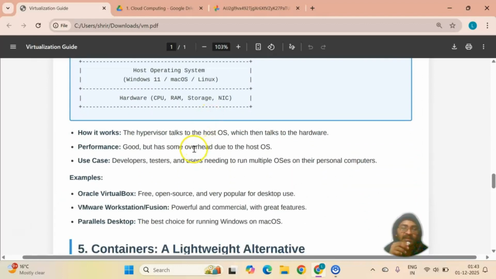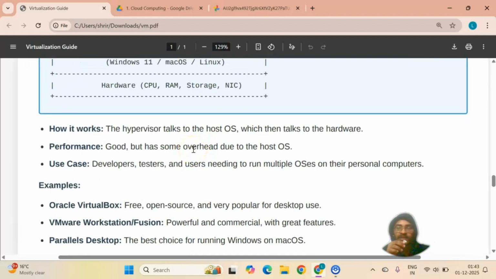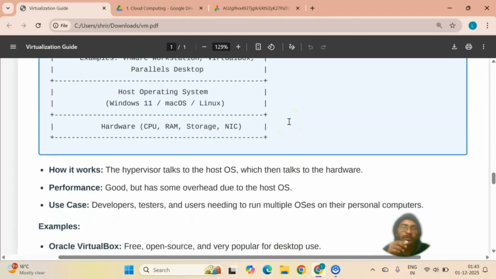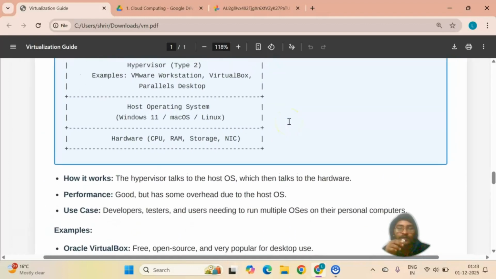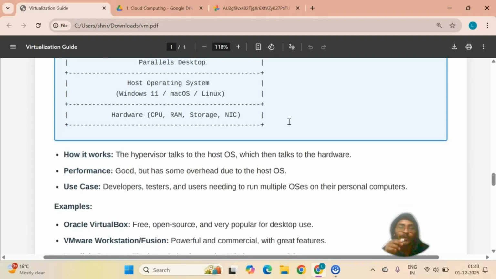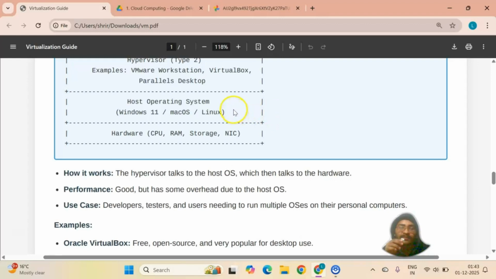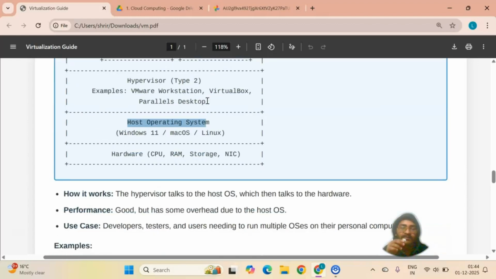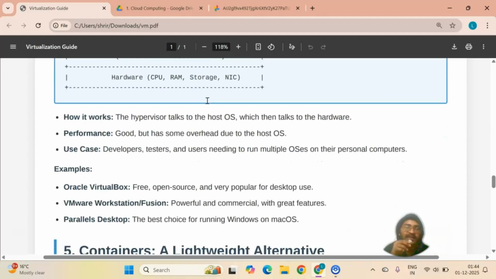Now how does it work? The hypervisor talks to the host OS, which then talks to the hardware. So what is the performance? Good performance but has some overhead due to the host operating system. Here the operating system is in the middle. It reduces the performance as compared to type 1. Now what are the use cases?